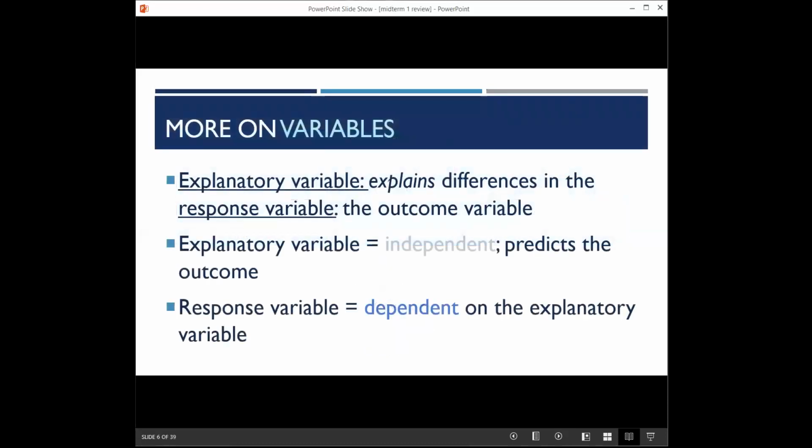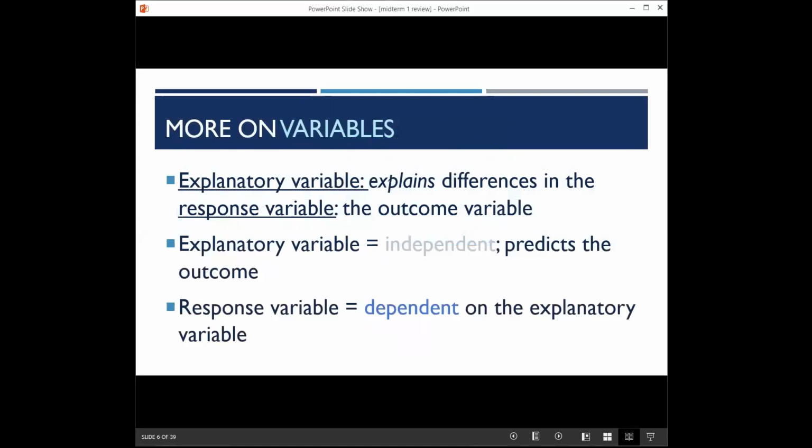All right, so variables. So here are two types of variables. I know that you guys do categorical and quantitative, but these are a little bit different than those. These are basically the variables that we use to help answer questions. So in every question you have about a certain subject or topic that you're trying to find information about, there's always an explanatory variable and a response variable.